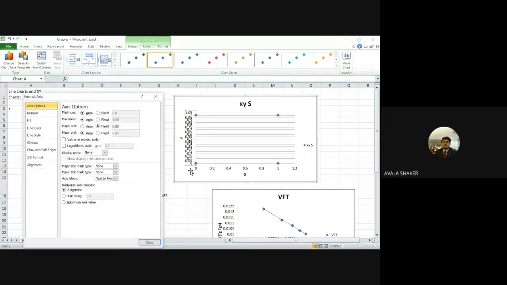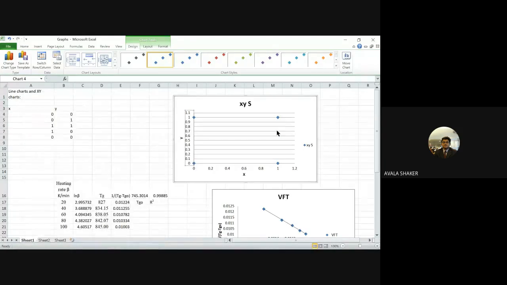That's how you can change this. The other thing is, if you don't want the gridlines at all, you can delete them, so you will have only your data points shown.